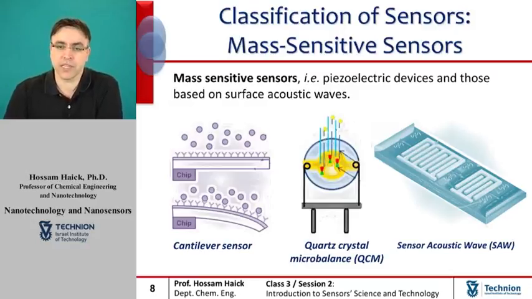The third subcategory of mass-sensitive sensors is called surface acoustic wave, or briefly SAW. A surface acoustic wave is an acoustic wave traveling along the surface of a material exhibiting elasticity, with amplitude that typically decays exponentially with the depth into the substrate.